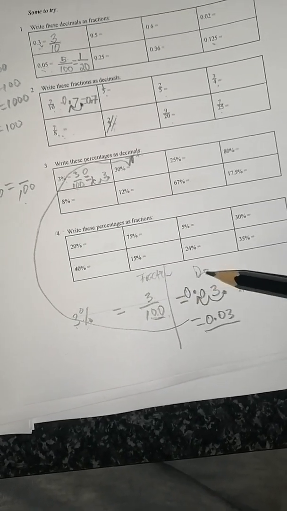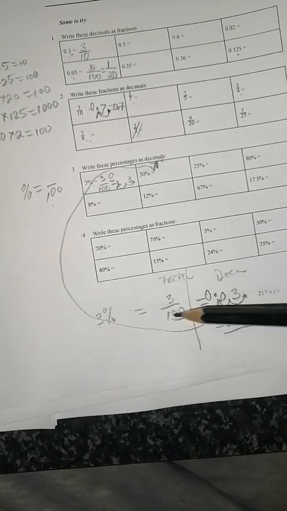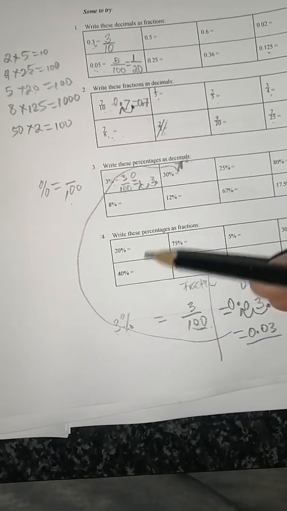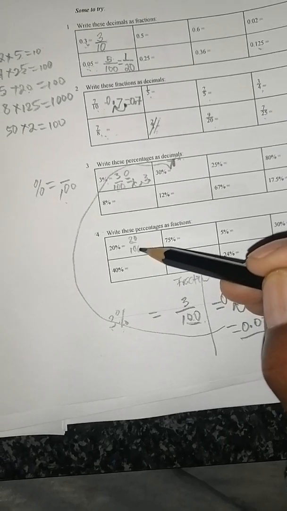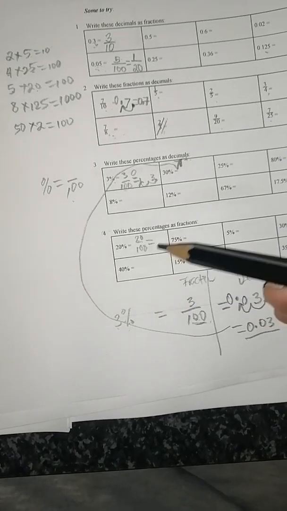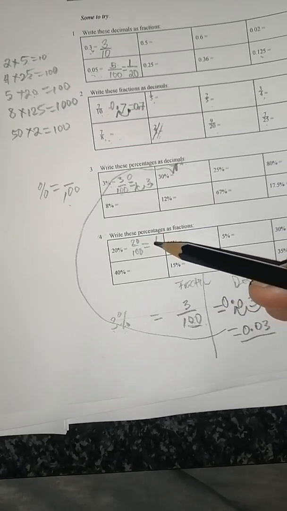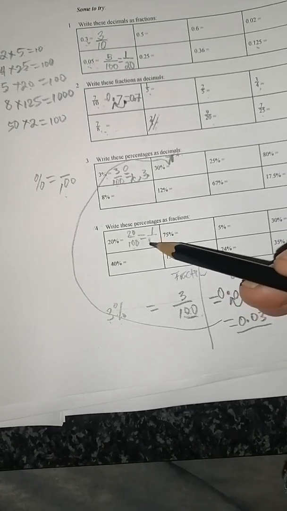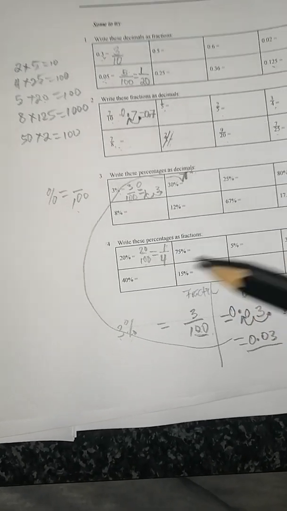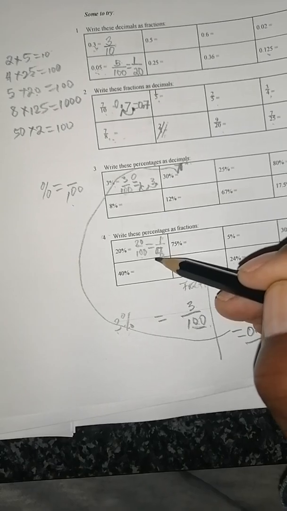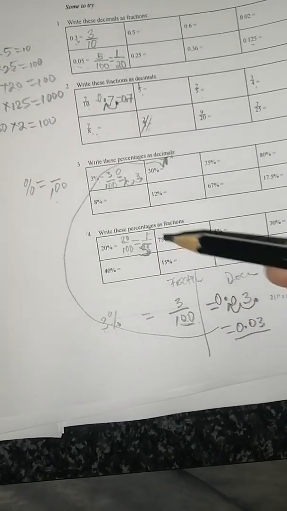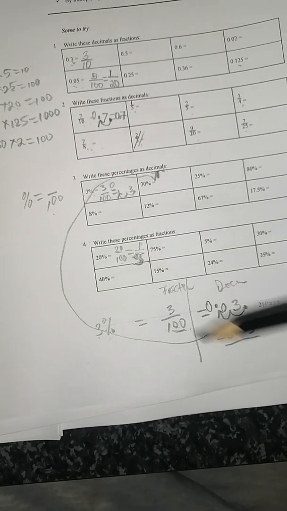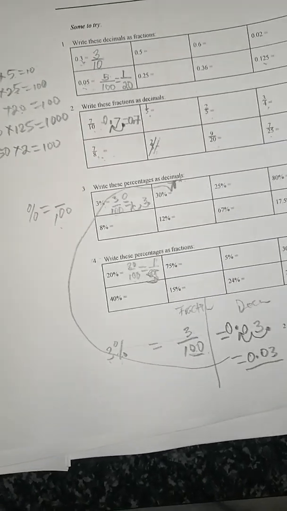So the same technique you must do here is to write your 20 out of 100, and then you simplify. 20 goes into 20 one time, 20 goes into 100 5 times. I'm sorry for that. So it's 1/5, so that's how it is.